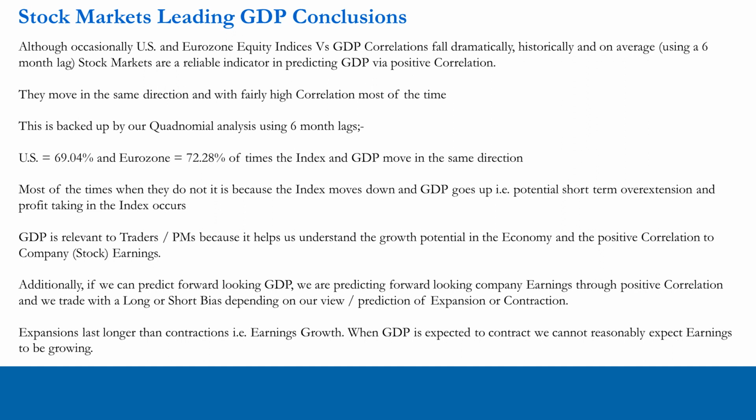When GDP is expected to contract, of course, we are thinking that earnings growth is going to contract too. So overall, guys, GDP growth and predicting it is very relevant to traders and PMs because we need to understand the growth potential in the economy and the subsequent growth potential in company stock earnings.